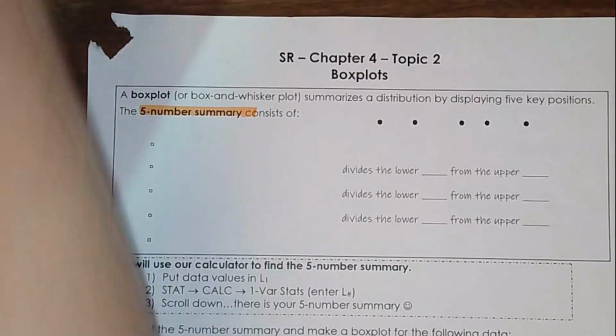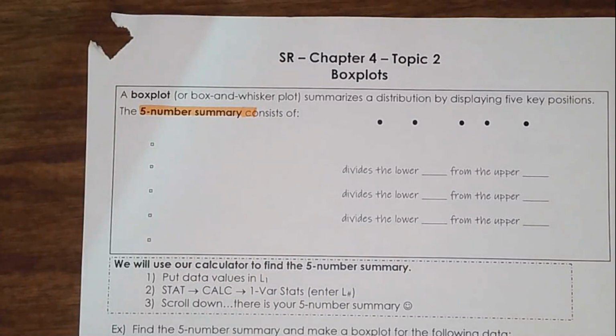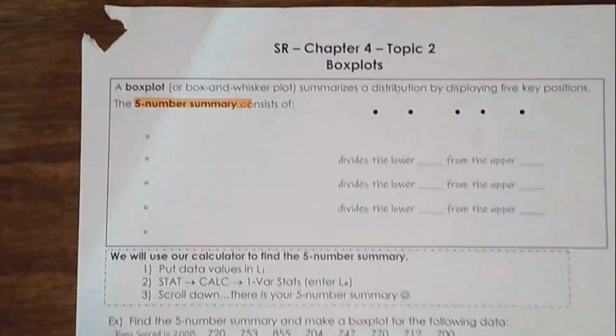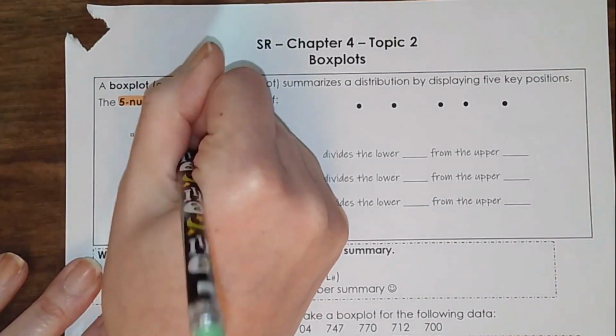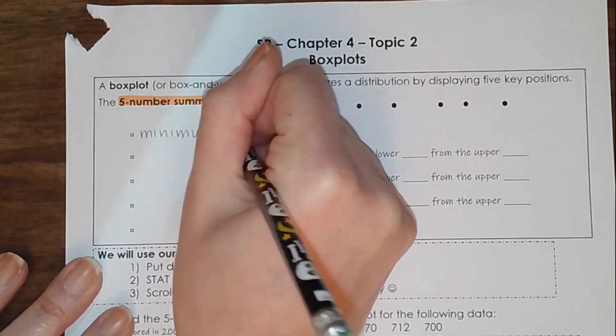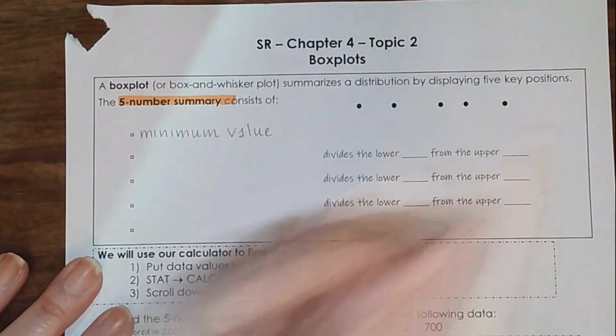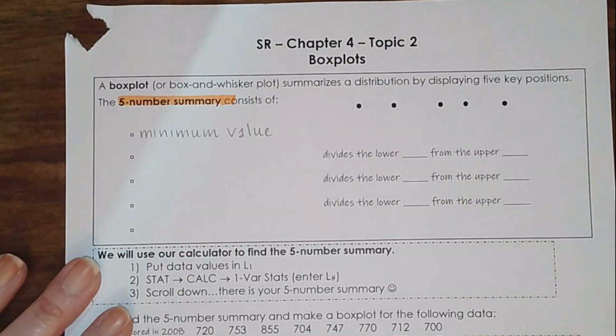The first number in the 5-number summary, you guys, is the minimum value, your lowest value. The second number in the 5-number summary is quartile 1.